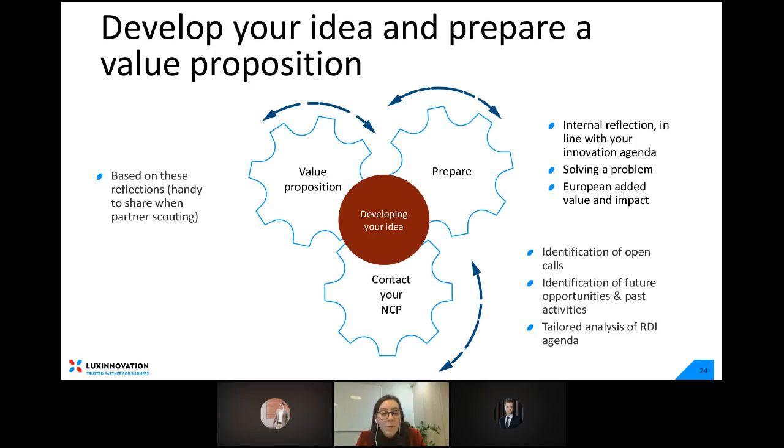We have an overview over the next 2 years of the work programs, but we also have the history of the past programs and past activities funded. So we can help you there, do some identification. We can also develop with you a tailored analysis of the European Research, Development and Innovation agenda to help you and guide you through the trends and the European Union expectations.